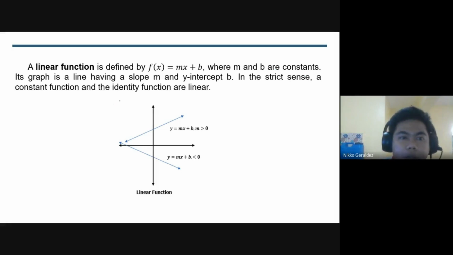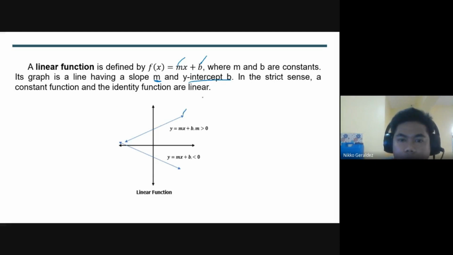Its graph has a slope m, where m is the slope and b is the y-intercept. The first two functions, constant and identity, are also linear functions.